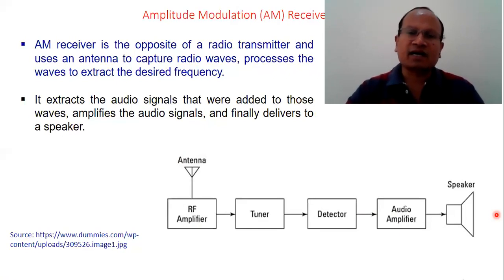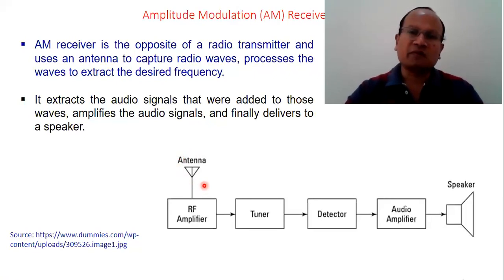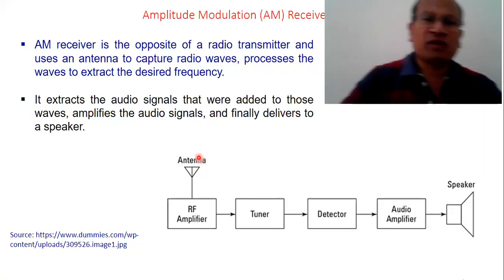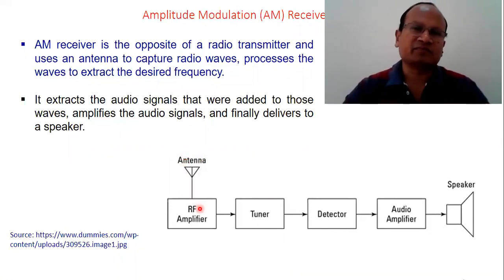Now let us understand all these major components one by one briefly. The antenna is a common device in both the transmitter as well as the receiver. In the receiver, it is used to receive, whereas in the transmitter, it is used to transmit the signal. So the signal, when it is received here, is sent to the RF amplifier.